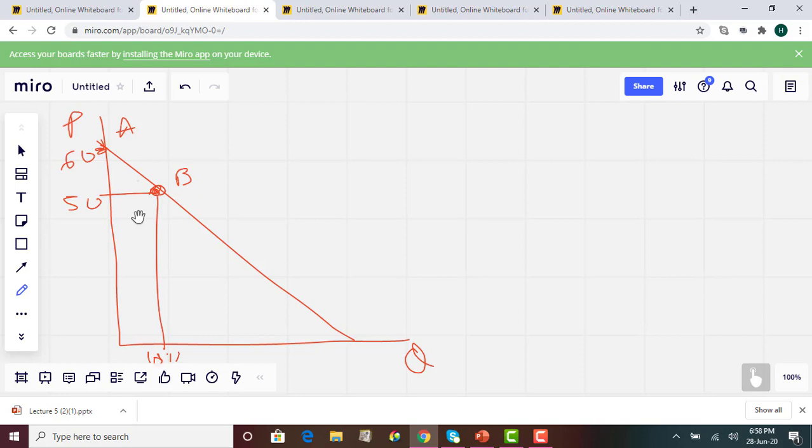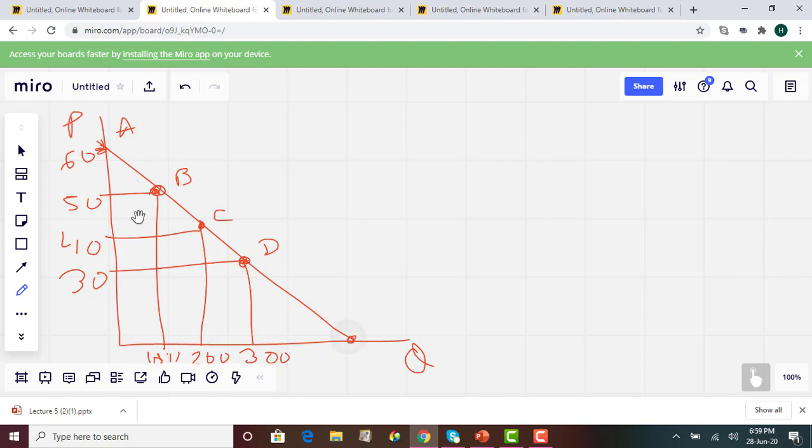Then you have point C: price is 40 and quantity demanded is 200. Then you have point D, price 30 and quantity demanded 300.